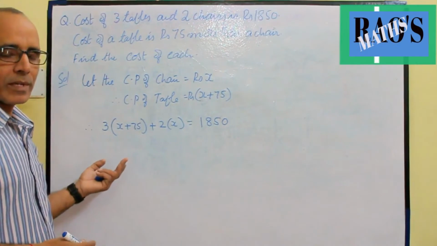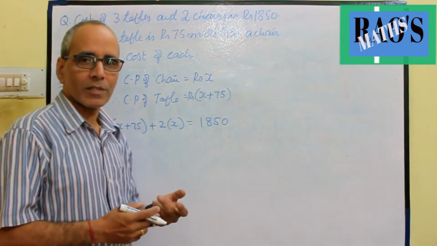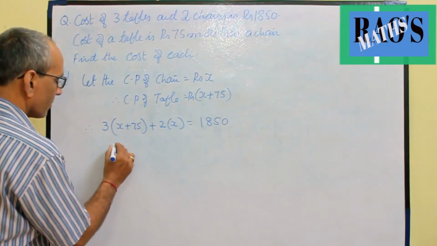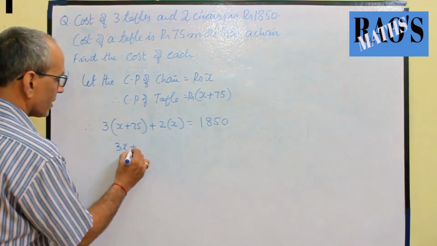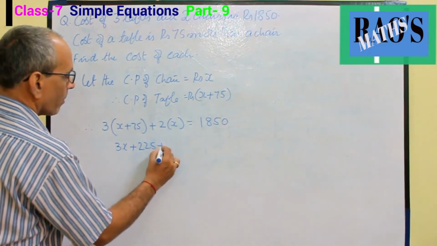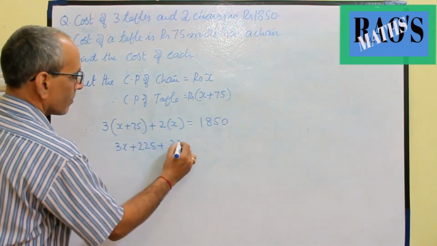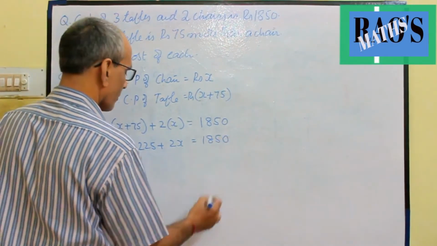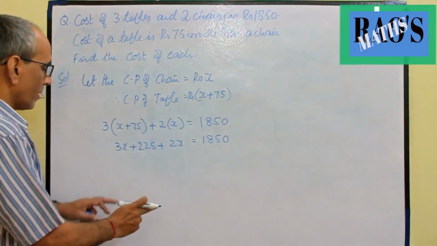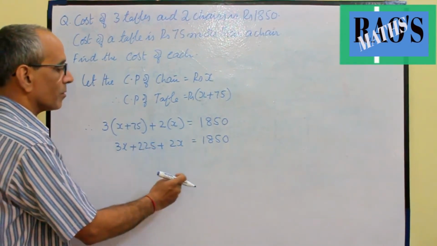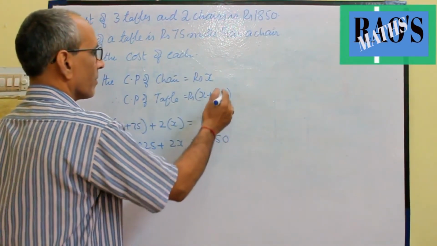We solve this type in many non-verbal questions. Remove the brackets. 3x plus 225 plus 2x is equal to 1850. In the next step, add 3x plus 2x, that is 5x, and transpose 225 to the right side.